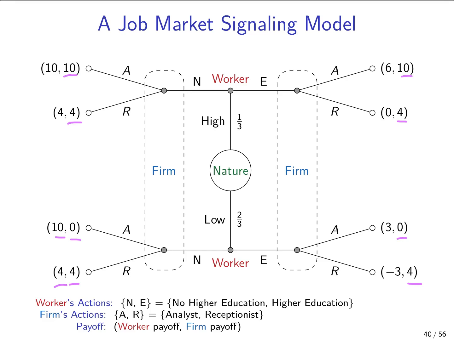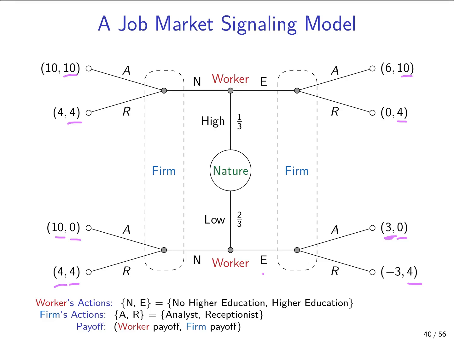However, there's a cost of getting the education, and suppose the cost is 7 for the low type. So even if the low type gets hired as an analyst, if the low type worker got education, we need to subtract, say, 7, and then the payoff is only 3.